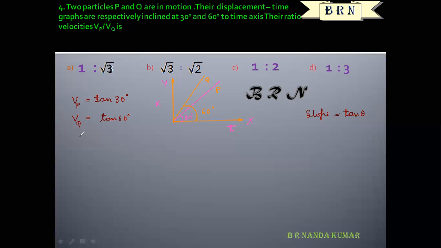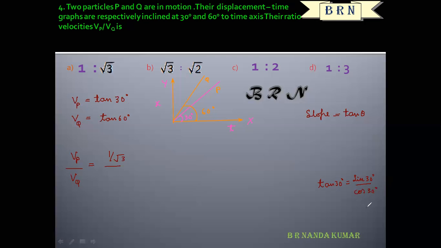But we want the ratio of velocity of particle P divided by velocity of particle Q. So what is the value of tan 30 degree? Tan 30 is 1 divided by root 3, is it not? Tan 30 is sin 30 divided by cos 30 degree.